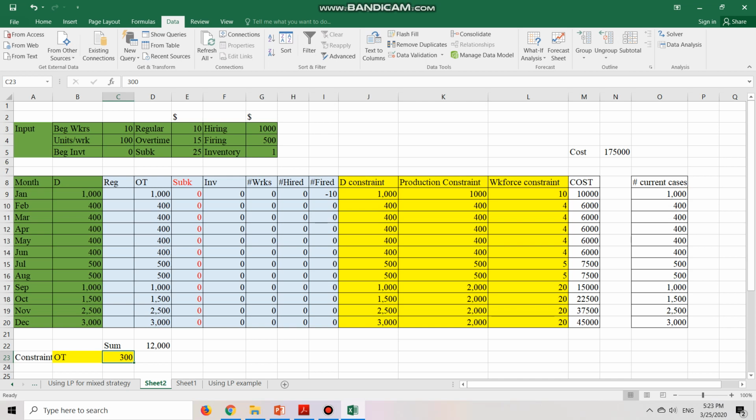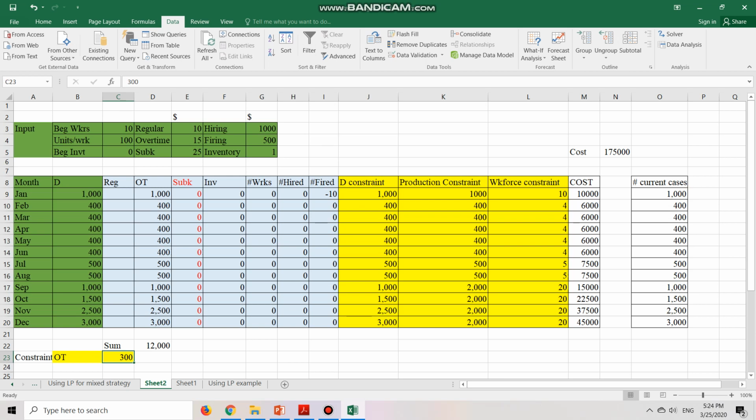Here, the green color is the parameters, the inputs, which means it's the given information. The blue color is the decision variables, and the yellow is the constraints.